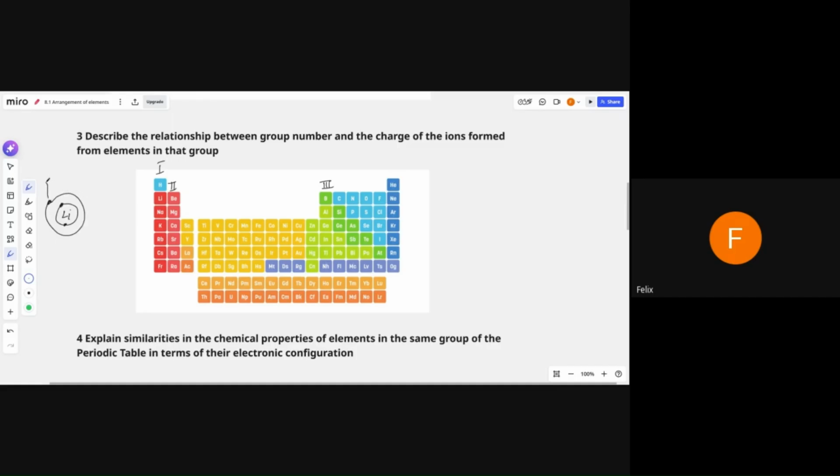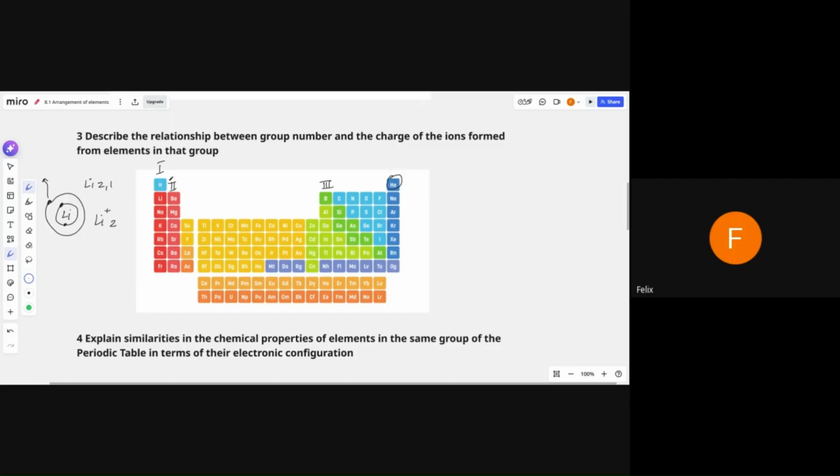So when it loses this outermost electron, it will have the electronic configuration of helium. Lithium plus will have the electron configuration of helium, right? Before, lithium had the electron configuration 2, 1, but for lithium plus the electron configuration is 2. That is the electron configuration of a noble gas, and now it is stable.